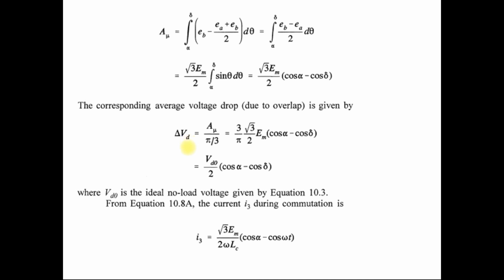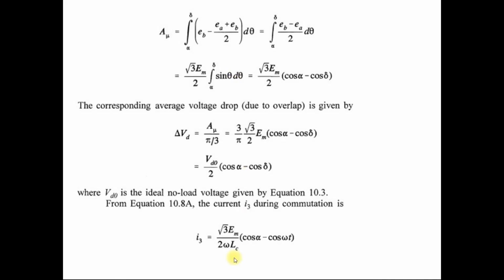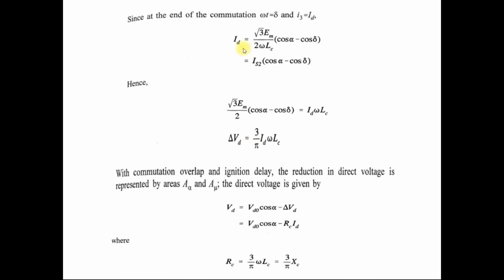Clear? During the commutation it is I1 plus I3, but at the end of the commutation only current I3 is flowing. So you can see in the next slide, this equation becomes, at the end of commutation, omega t is replaced by delta and I3 is replaced by ID. So ID is equal to root 3 Em divided by 2 omega LC (cos alpha minus cos delta).